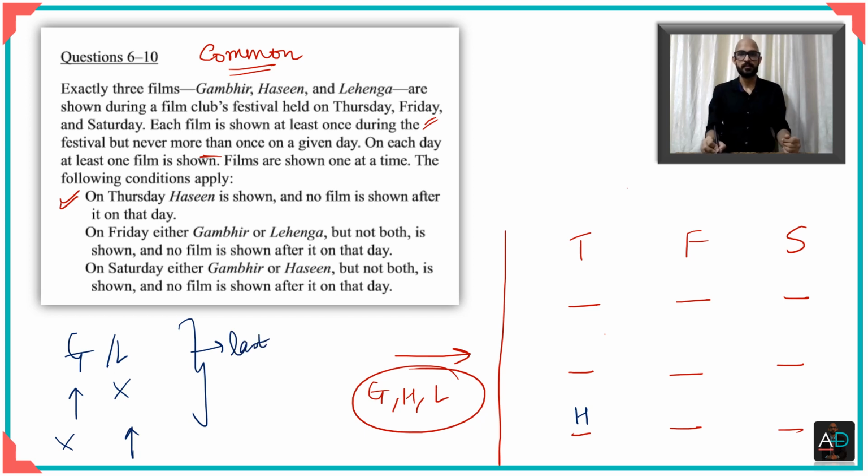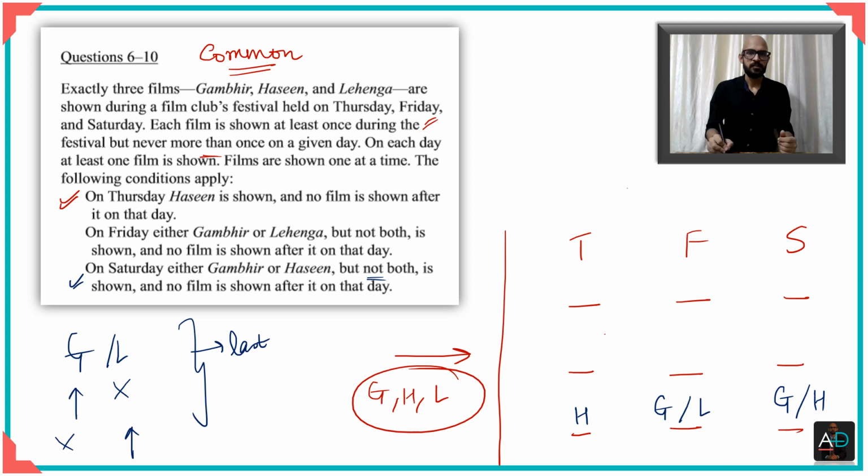So what I'll do here is I'll write Gambhir or Lehenga because those will be at the end. Okay. Next, we look at Saturday. On Saturday, either Gambhir or Haseen, but not both, is shown and no film is shown after that. So I think we can very easily write Gambhir or Haseen.